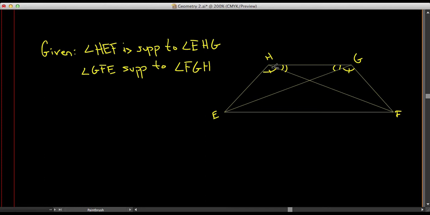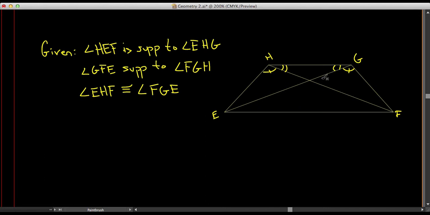All right, then we're given some other information, and so we can write that right here. We're also given that angle EHF is congruent to angle FGE.